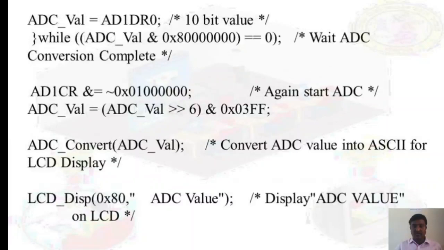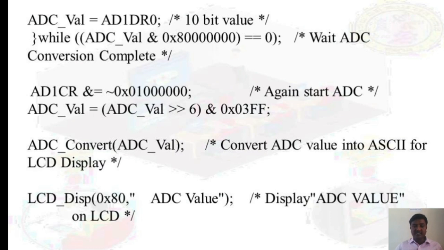Do, open bracket, and then we are calling ADC underscore value equal to AD1DR, that is the 10-bit value, while ADC underscore value and 0x870 is equal to 0. This will wait for the ADC conversion to complete, and when the conversion completes, it will come out of the loop.